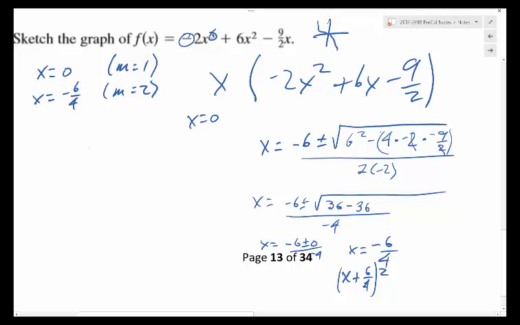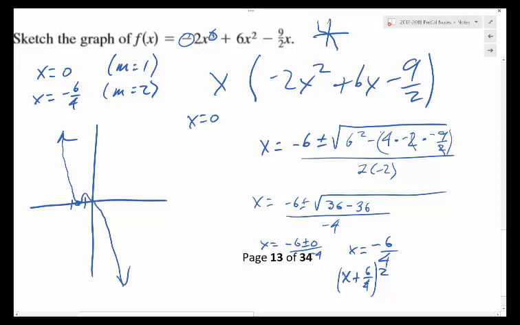So when I sketch my graph, negative 6 over 4 is negative 3 over 2, which is negative 1.5. So my graph is going to come down like this and bounce, and then cross 0 and go down.